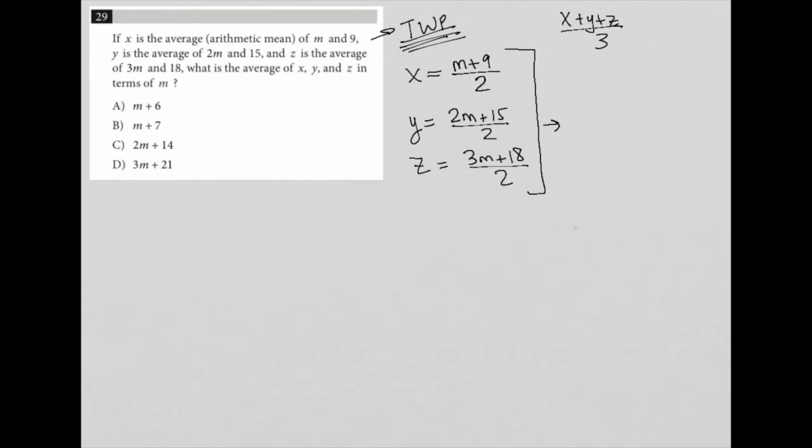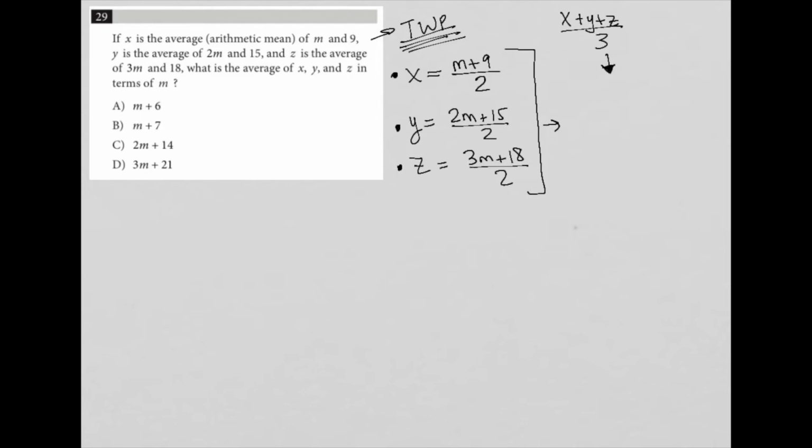That's how you find averages. You add up the things you're being asked to average, and you divide by the number of things you have. Because I already know what x, y, and z are in terms of m, I could just restate this in terms of m instead of in terms of x, y, and z.